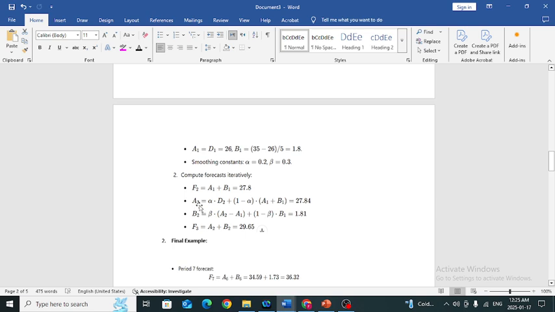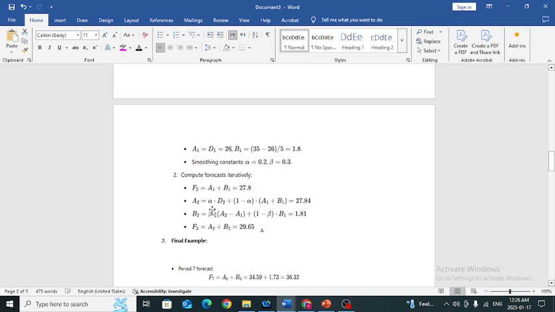So F2 is equal to A1 plus B1. According to this, A1 was 26 and B1 was 1.8, so the total is 27.8.